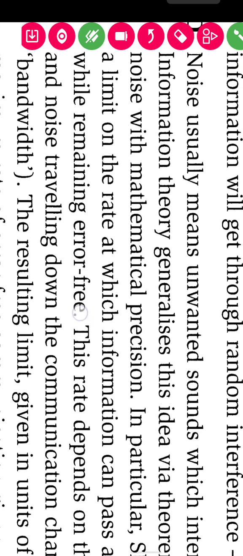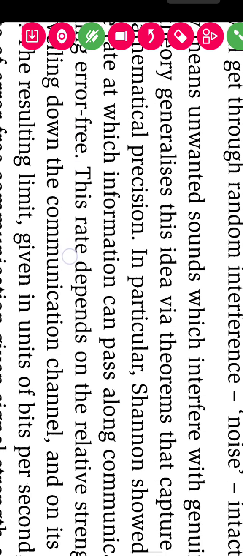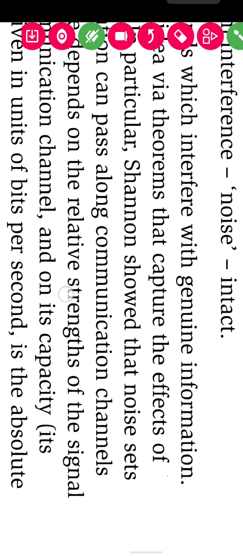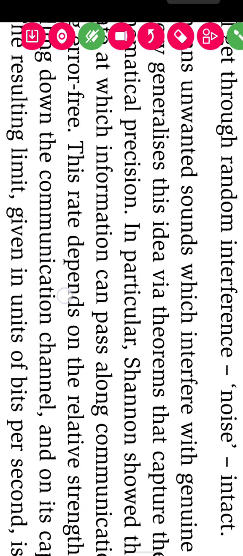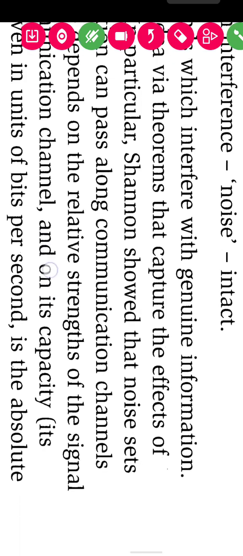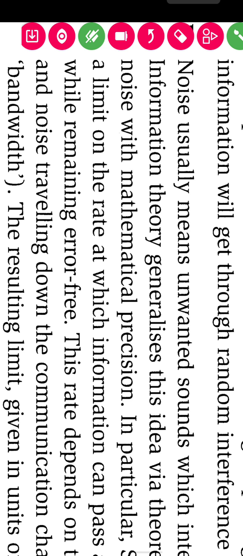It means noise is calculated with mathematical precision. In particular, Shannon shows that noise was a limit on the rate at which information can pass along communication channels while remaining error free.